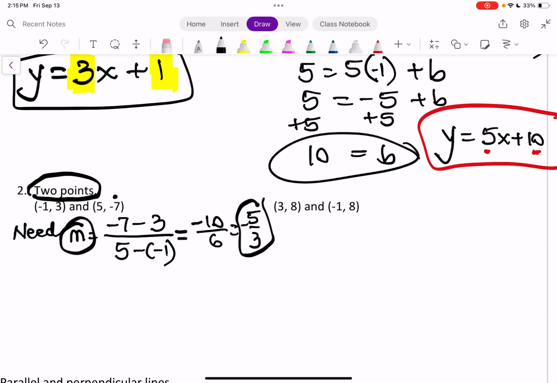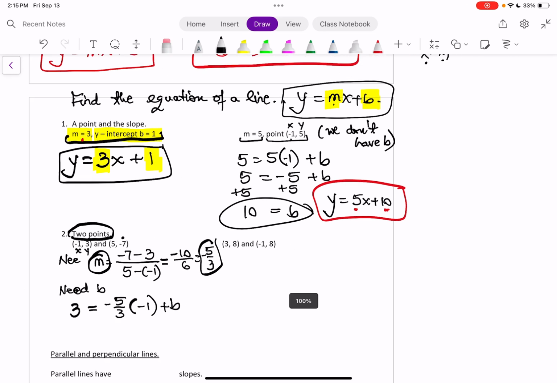Okay. I also need the b. So I'm going to take either x or y. It doesn't really matter which one. So in place of y, I put 3. In place of m, I put -5/3. In place of x, I put -1 plus b. So what am I replacing?